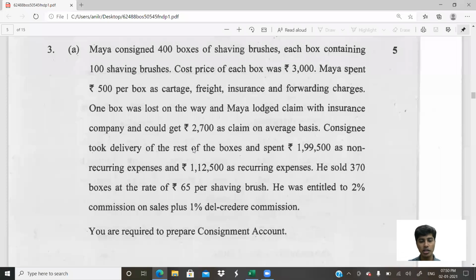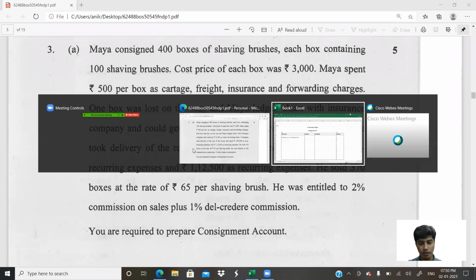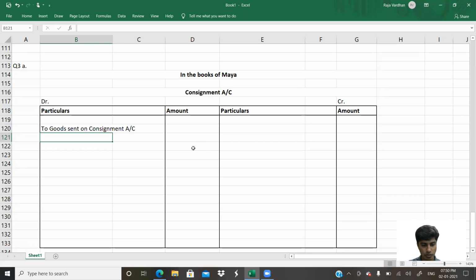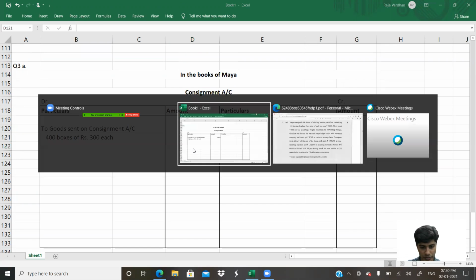And what exactly would be the amount? It would be 400 boxes into 3,000 each. I would put it here. 400 boxes of 300 each, that would be 400 multiplied by 300, yes, 1,20,000.